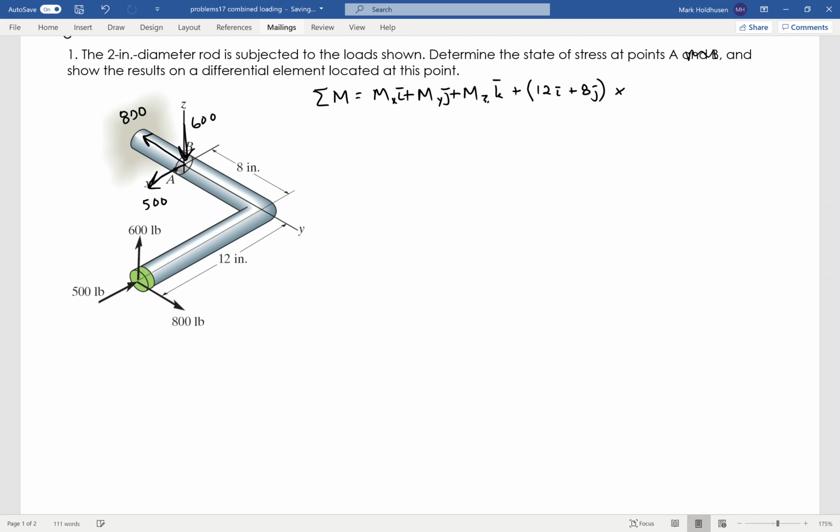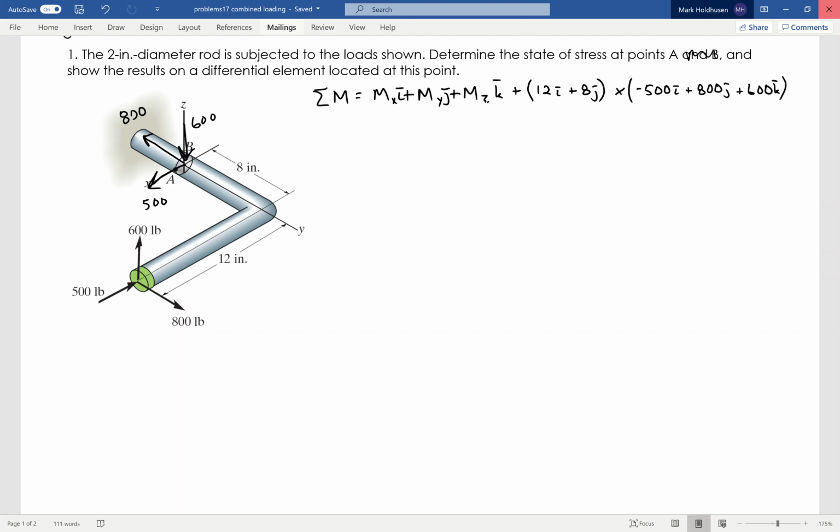Okay, and I'm going to cross that with all those forces that are occurring over there, which again is going to be negative 500I and 800J and 600K. Okay, and that's the forces. So it's going to be all of those.